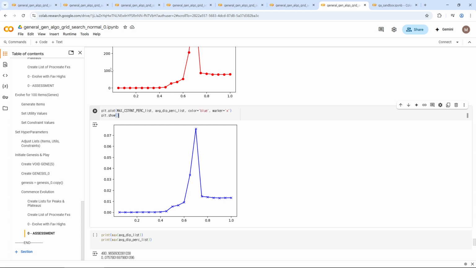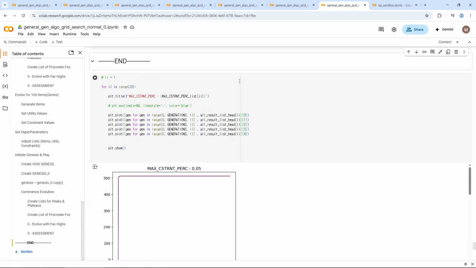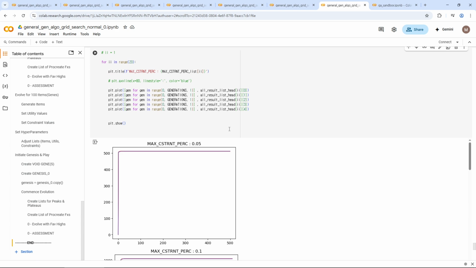So the first notebook, general genetic algorithm grid search for normal distribution, 0 indicating this is the first version of this. I plotted the values of top entities, and I also plotted the values for the average of top 10% entities.